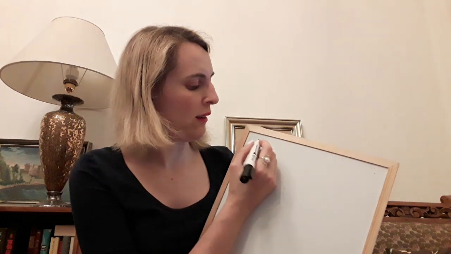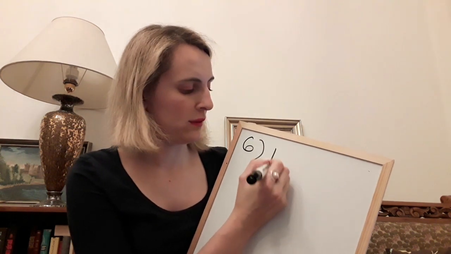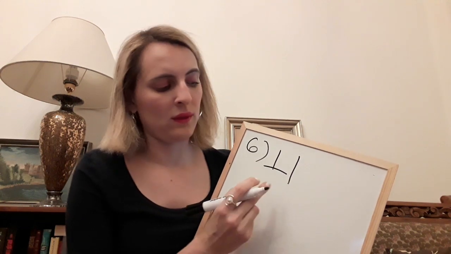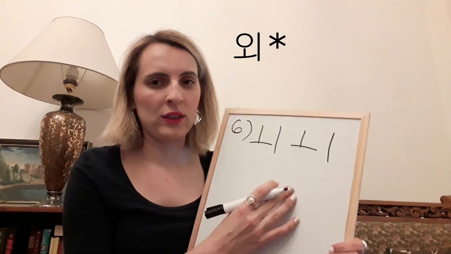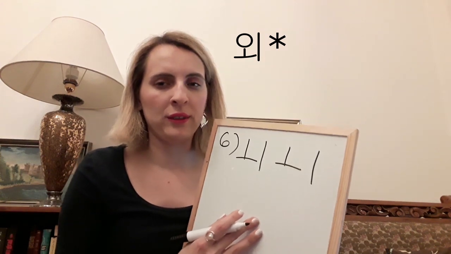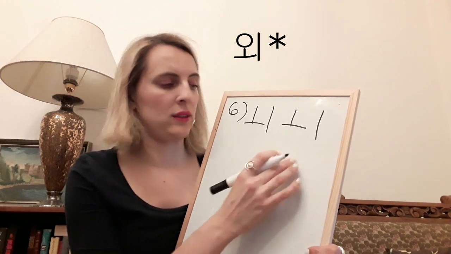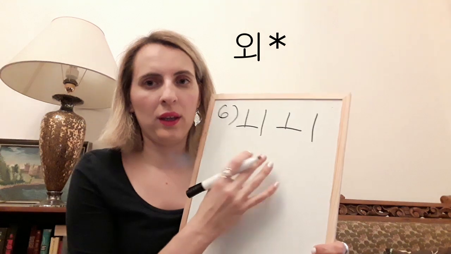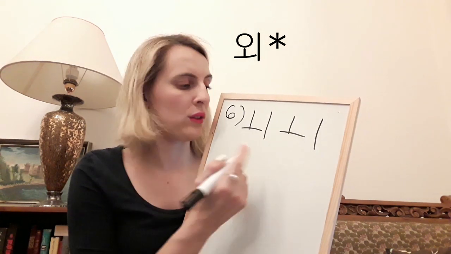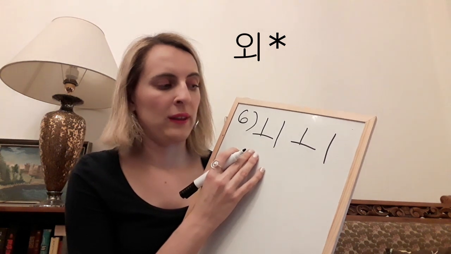Then we have our second diphthong, and it is made by this and by this. This is actually the only diphthong that is not pronounced the way it is read. So this is O and this is E, so it would be like oe, right? But it is not. It is actually we. So just remember it.